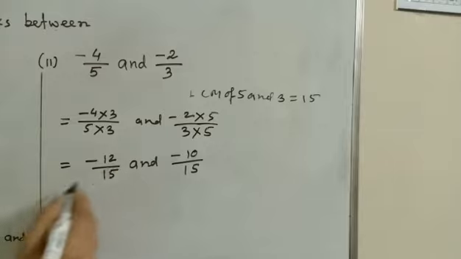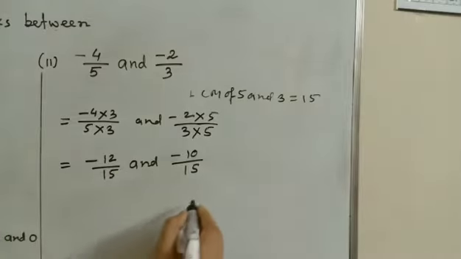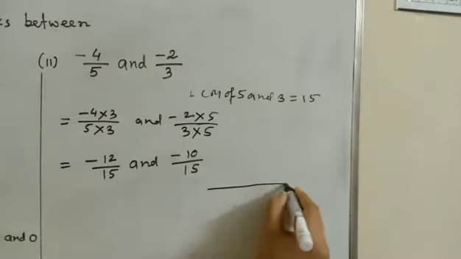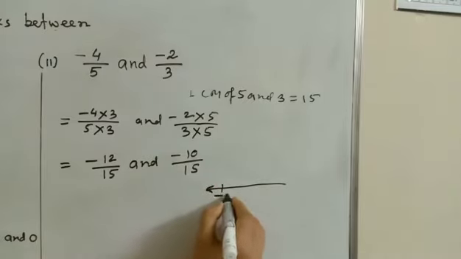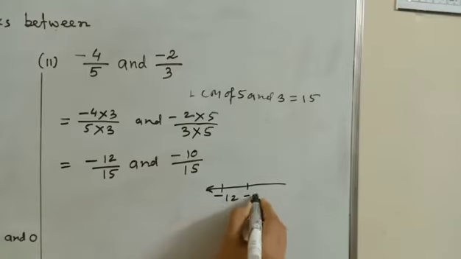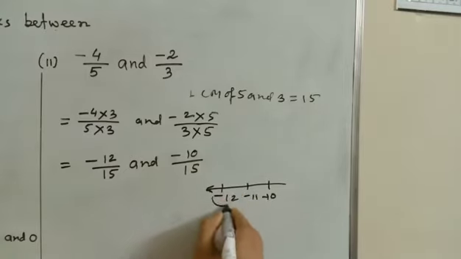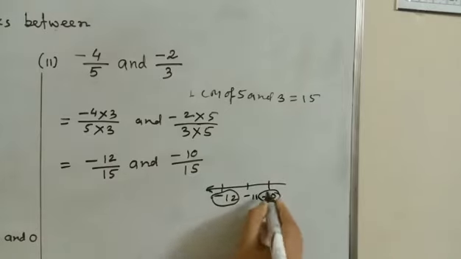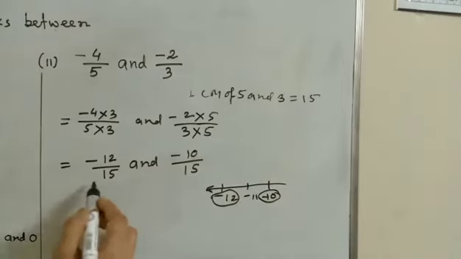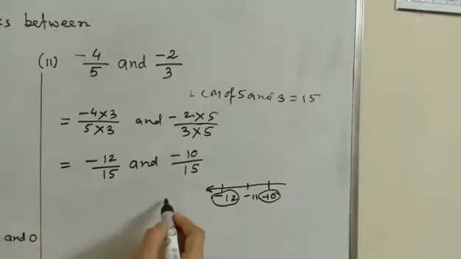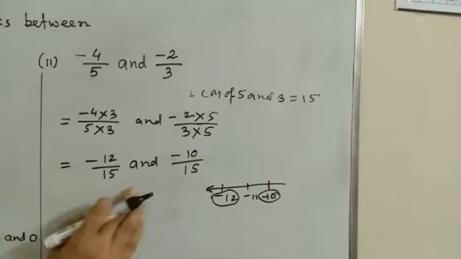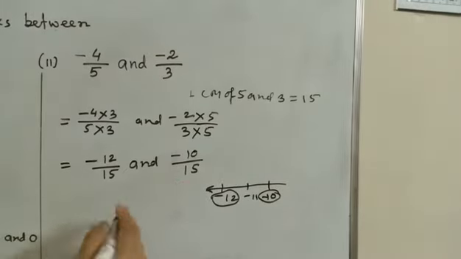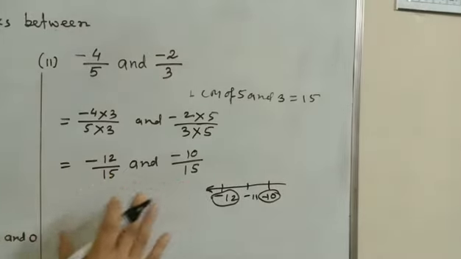Now in between minus 12 and minus 10, how many numbers can you get? See, on the number line, as both the numbers are negative, in between minus 12 and minus 10 there is only minus 11. So in between these two numbers, you have to write 5 rational numbers. So you have to make the denominator slightly larger, so that you can express 5 rational numbers in between.